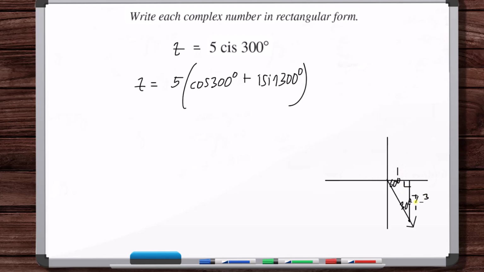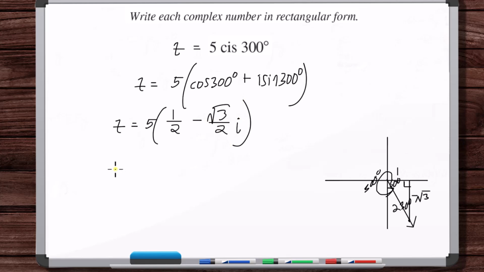This is going to be minus root 3, 2. Okay, so z is equal to, let's see. So this is 300. So cosine of 300 is going to be 1/2. And then sine 300, so minus root 3 over 2 i. Okay, so 5/2 minus, there we go.